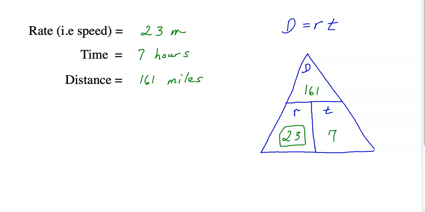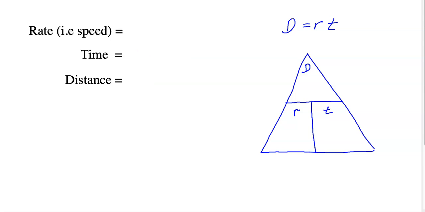Let's look at another one. Let's say the speed, or the rate, is 14 miles per hour. And the distance traveled is 42 miles. How could I figure out the time? Well, let's just plug the numbers into this little diagram. So 14 is the rate that goes here.